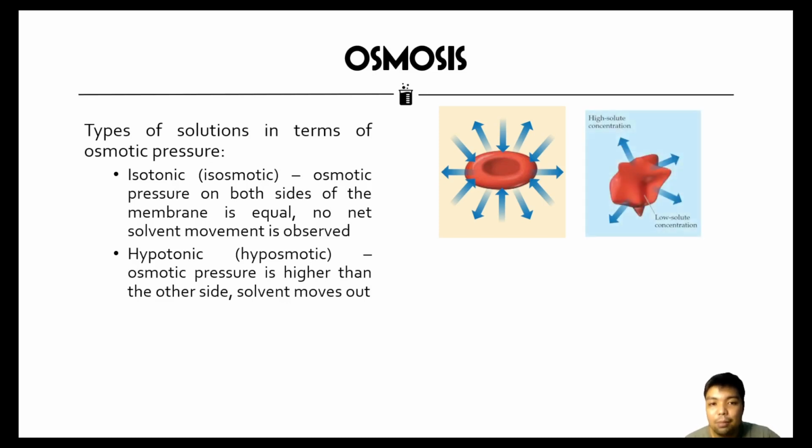So let's have an example of your red blood cell. The inside of a red blood cell has a lower solute concentration, while the outside of a red blood cell will have a higher solute concentration.